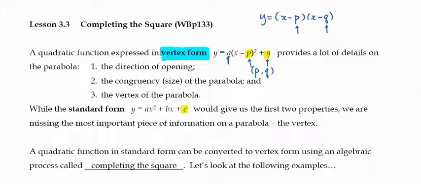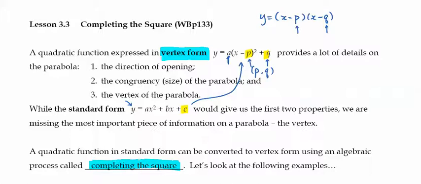of opening. So what we are going to do is look at some quadratic functions in different forms, in particular standard form, and we want to come up with a way to convert a quadratic function in standard form back into vertex form. This method is what we call completing the square.